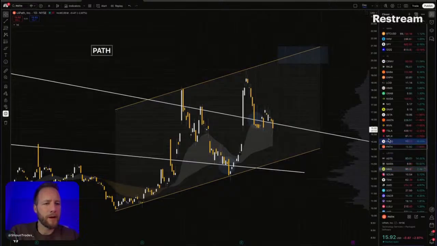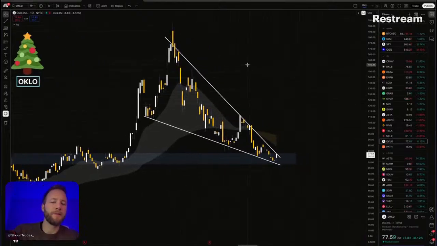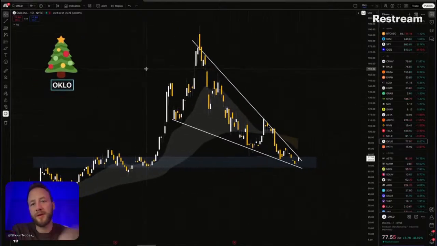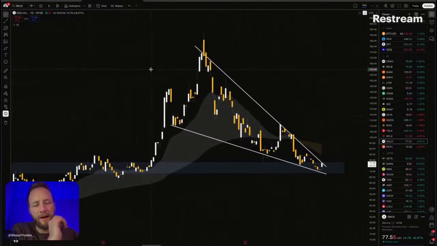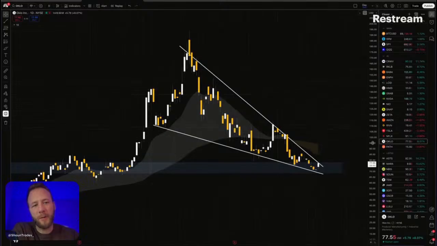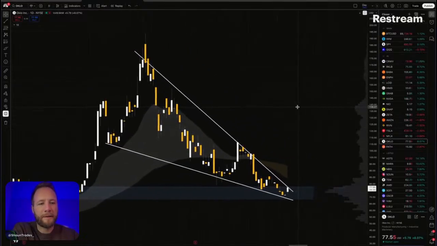Oklo I'm also in, so I dragged that there. Did forget about that. Oklo I really like. You can see this from my previous Christmas charts. Get rid of that, shall we? I really like it because of the descending wedge. It's a very risky stock, of course. It moves like wildfire.